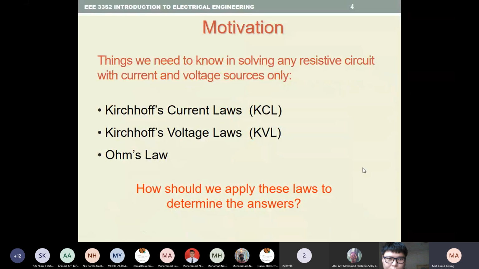So these are the things that I mentioned that we need to know, and we have learned this last week. Things we need to know in solving any resistive circuits with current and voltage source only.